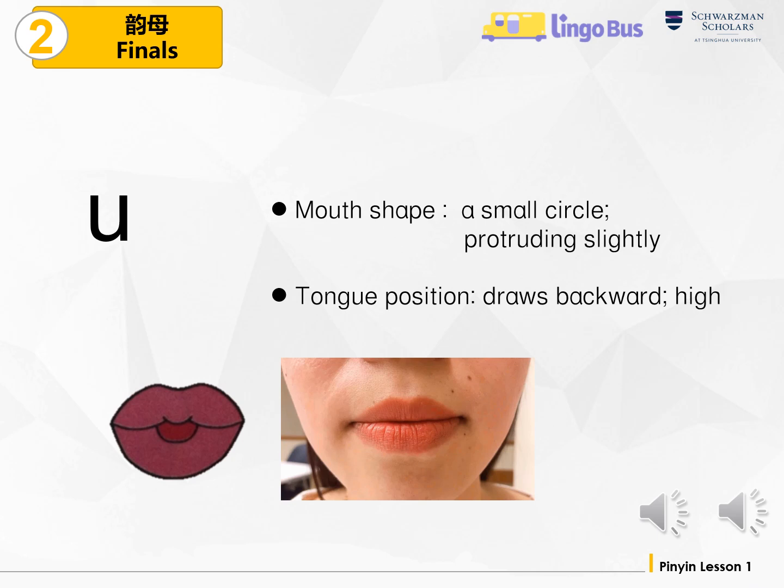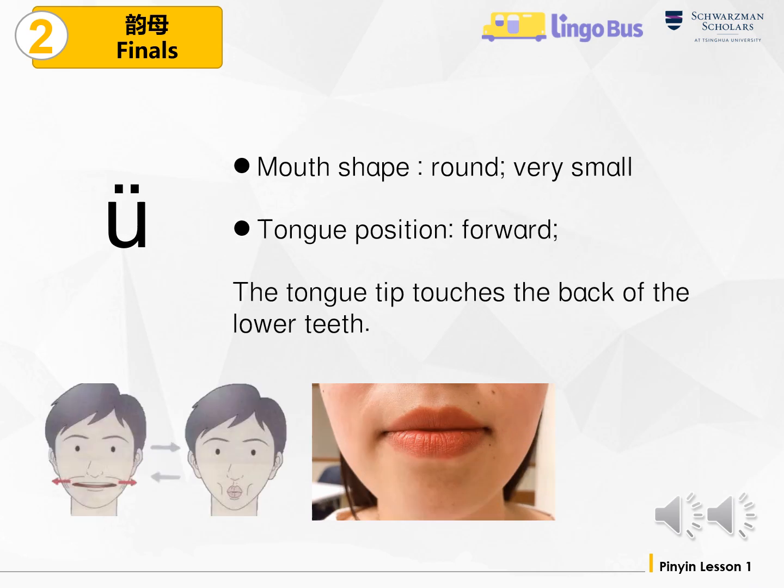The vowel sound Yu is difficult for many learners because it does not exist in their native languages. It does exist in German, however. Please watch the video. You can see from this picture, the mouth is very small and round.